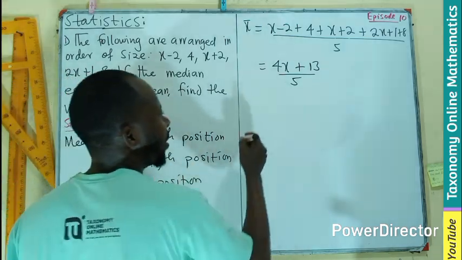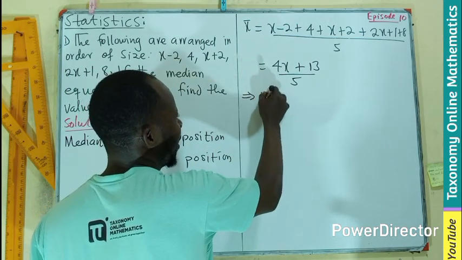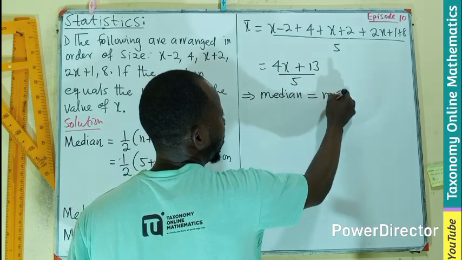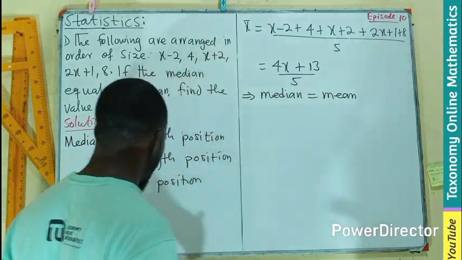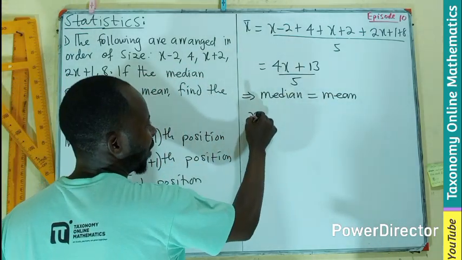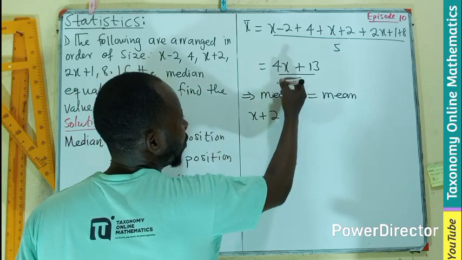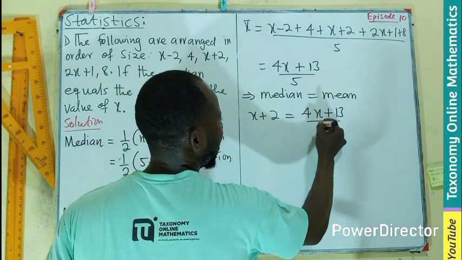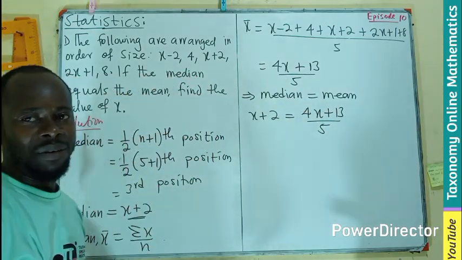Now, they are saying that the median equals the mean. So the median value we got was x plus 2. The mean value is 4x plus 13 over 5.